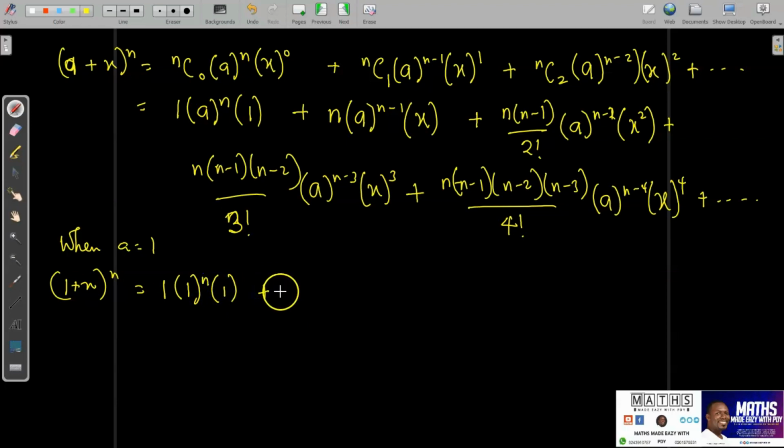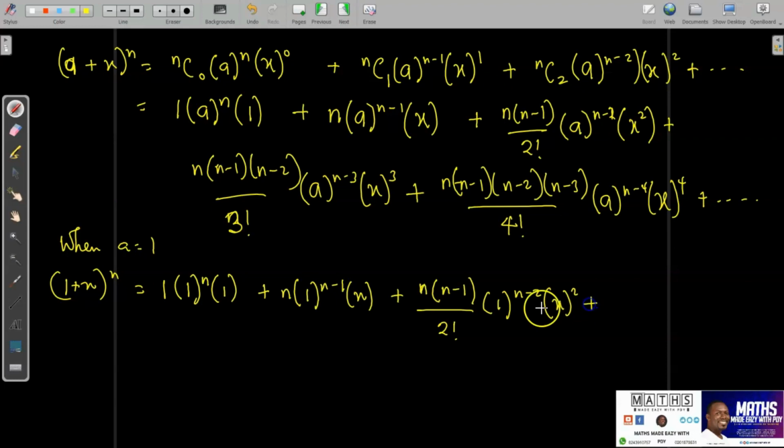Then plus n times 1 to the power n minus 1 times x, plus, next one will be n times n minus 1 all over 2 factorial, then times 1 to the power n minus 2, then x squared, then plus. I've written the first term, second term, third term. The fourth term is what I have here.